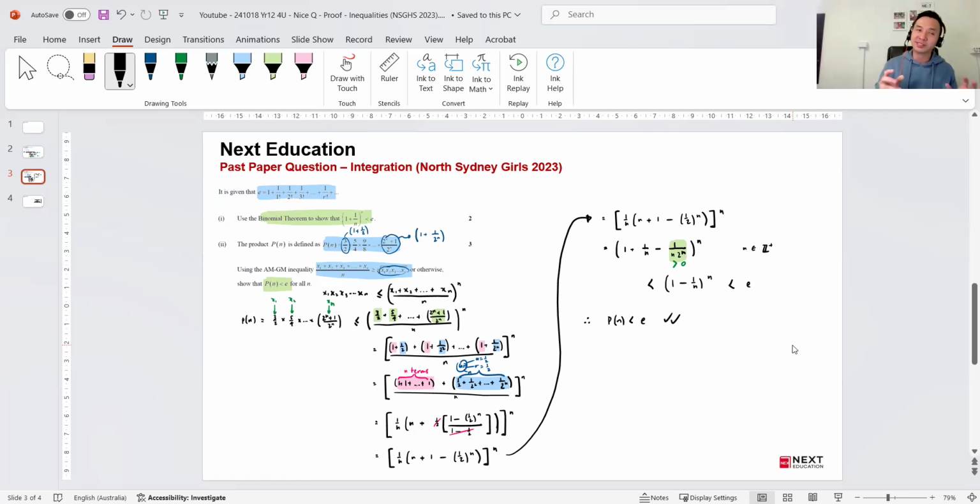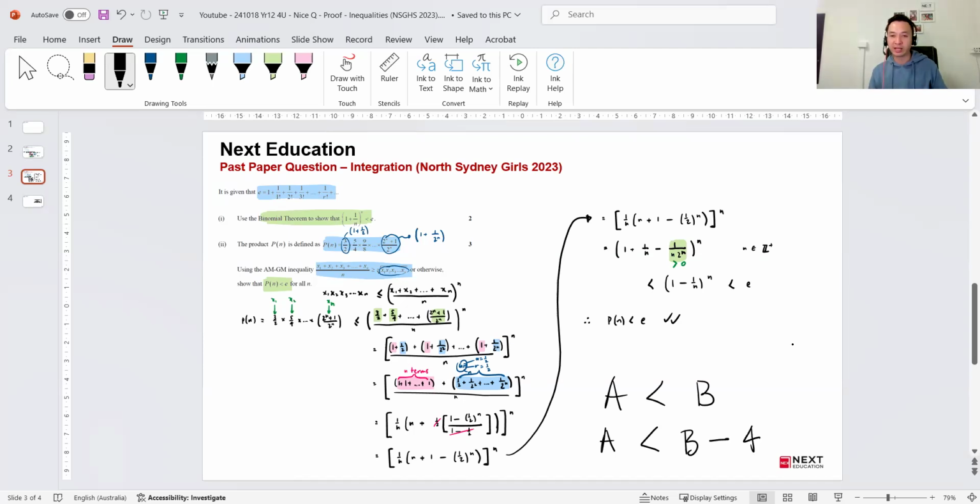So the concept here is that when you're proving, especially in 4-unit maths, that something is less than something, for example A is less than B, sometimes what you have to prove is that A is less than B minus, let's say, 4.